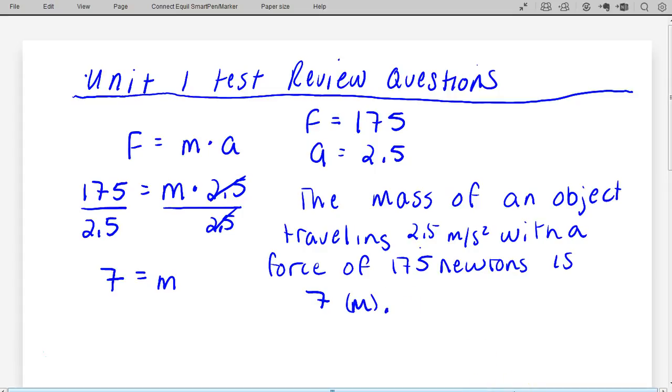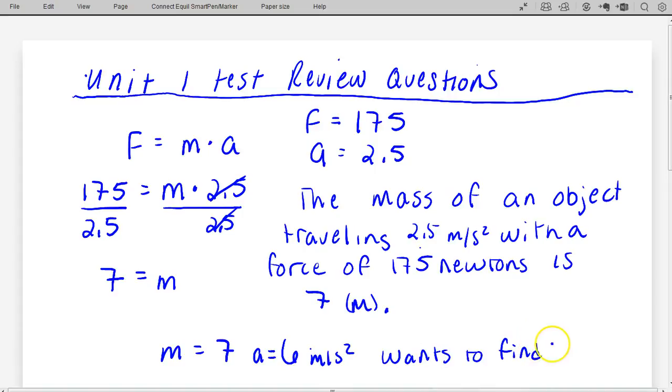The second part of that wants the force needed to accelerate the same cart at 6 meters per second squared. So this time, the same cart, we know that the mass is 7, we already know that, but it changed its acceleration rate to 6 meters per second squared. And it wants us to find force. We just use the same equation.